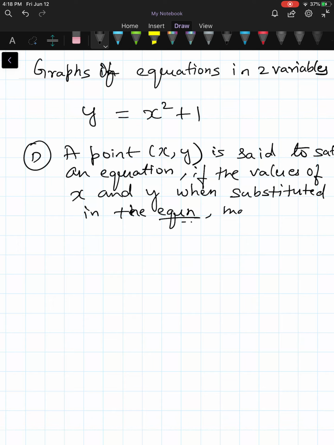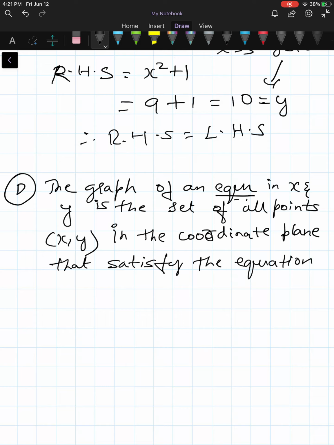You might have observed that till today we were thinking a graph is nothing but a picture or a diagram that represents the equation. No, a graph is actually a set of points. You consider all those ordered pairs which satisfy the equation. You can represent that set as a diagram if you plot all the points on a coordinate plane and connect them.